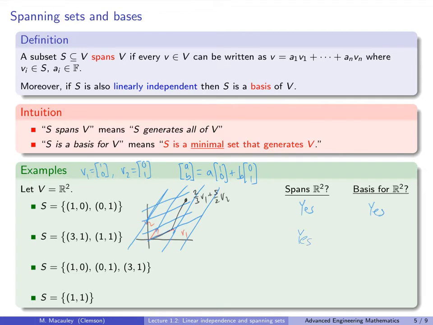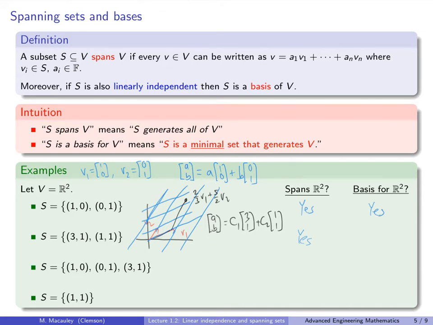Now if you want to be more formal about this, or more algebraic, what does it mean to span? That means any vector (a, b) can be written as some number c1 of (3, 1) plus some number c2 of (1, 1). So it spans if, for a fixed a and b, you can always find a c1 and c2 that work.